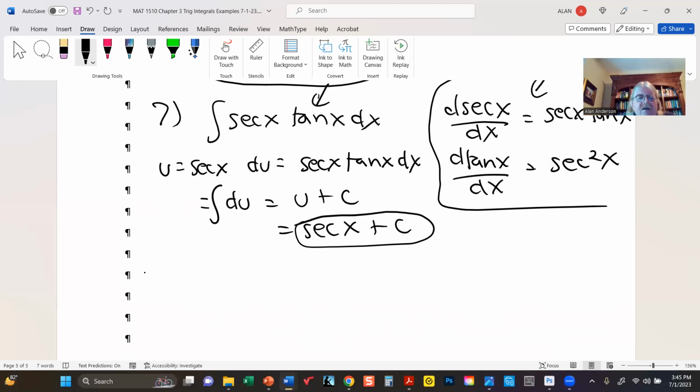Ooh, now this one looks scary. All right, now once again, we're going to need to lean on one of these Pythagorean identities.